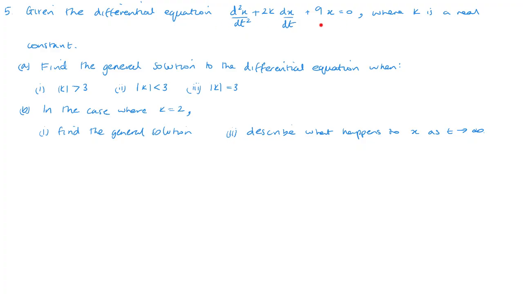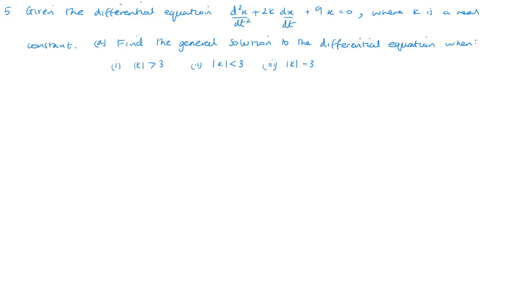So we've got this differential equation where k is a real constant, and we need to find it in these scenarios. Right, let me just make a little bit of room. Okay, now we've got some room. So let's write down the auxiliary equation. So we've got m squared plus 2km plus 9 equals 0. So we want to solve this. There are various scenarios, so let's use the quadratic formula.